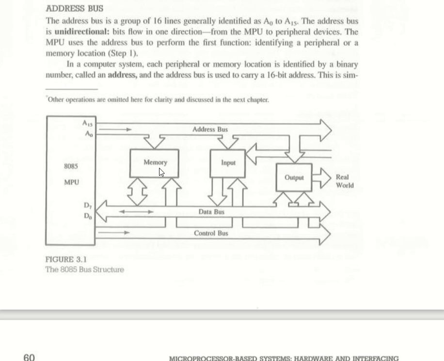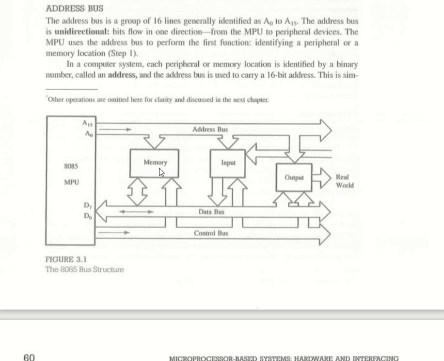So when you have only two-digit numbers, you can identify only certain houses, around 99 to 100 houses. But when you have four-digit numbers, you can identify around 10,000 houses. So bigger the number, bigger the memory locations to identify.